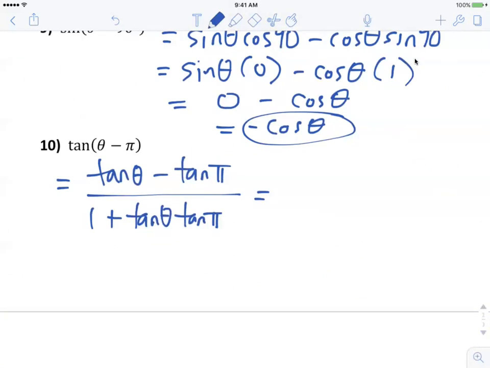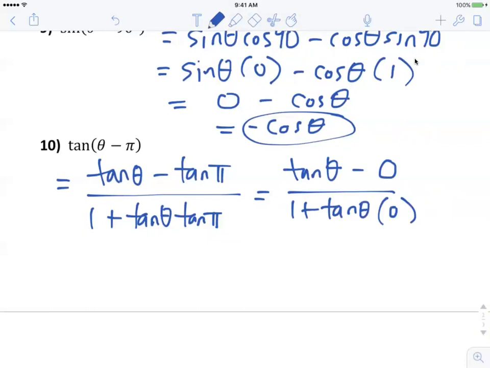And now unit circle. Tangent theta, we just got to leave it because that's a variable. Tangent pi, well at pi, the x value is -1 and the y value is 0, and tangent is y over x, right? So that would be equal to 0. Okay, and then we have the bottom 1 plus tangent theta times tangent pi again is 0.